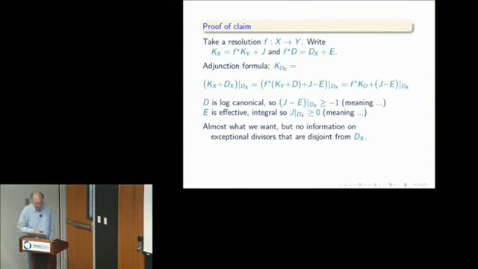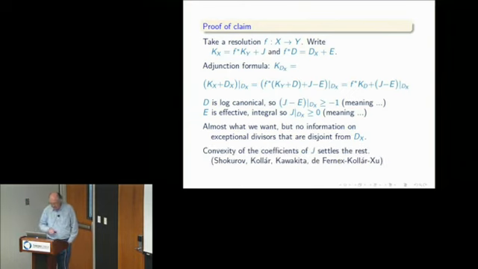But it turns out that there are some rather subtle convexity properties for the coefficients of J, and if you use this, then you know that if you get something that's negative far away from D X, then you should also get it right next to D X. So this was conjectured by Shokurov, and then in increasing generalities was proved over the years.